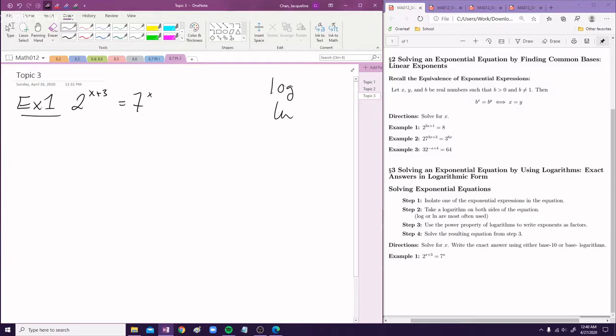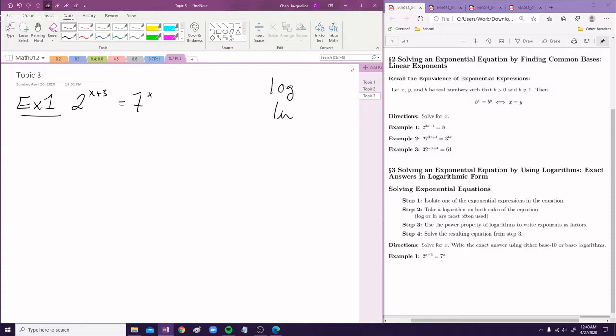I know it's just one less letter, but nonetheless, it's less, right? When you use natural log or log, you'll still get the same answer. If you don't believe me, put it in your calculator: try log of 5 and then natural log of 5, and you'll see you will get the same solution, right?